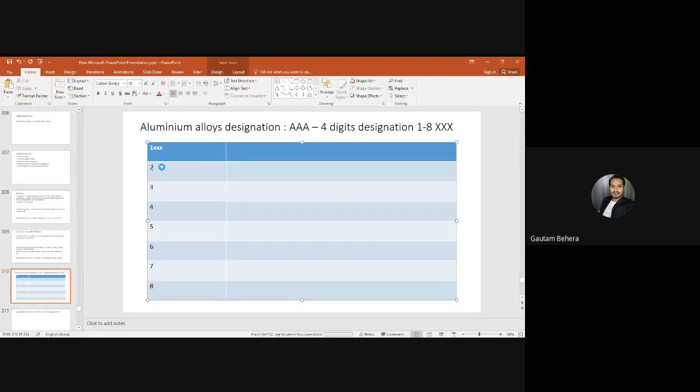So now I can write 2 triple X, 3 triple X, 4 triple X, 5 triple X, 6 triple X, 7 triple X, 8 triple X. These are the different groups actually. This is one group, and under this group many alloys will be there. Under each group, many alloys will be there.